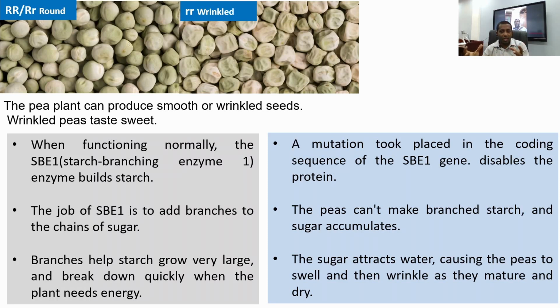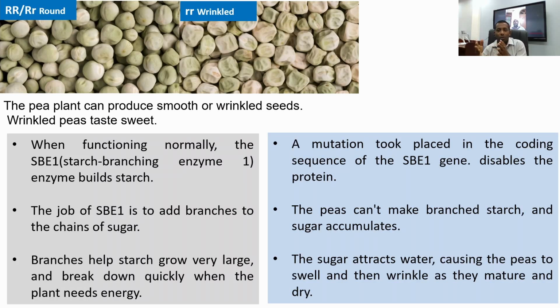Since sugar can attract water, during development these pea seeds swell, and once they lose their vascular connection during drying, they wrinkle as they mature and dry. So you end up with wrinkled seeds.